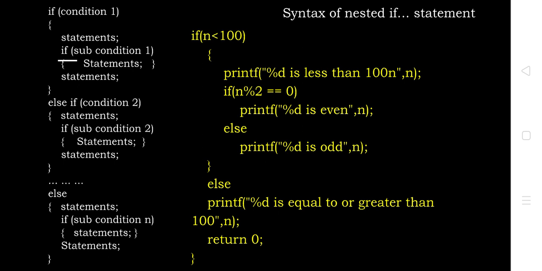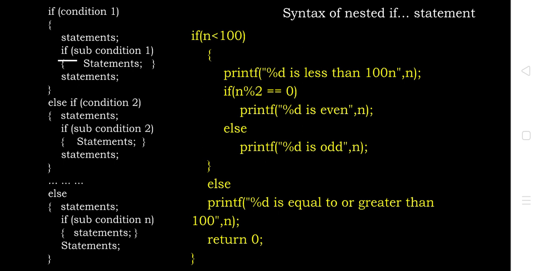So the main block of this if is closed. When you started with if n less than 0, that block is closed now. Then again it starts with else, printf that n is equal to or greater than 100. This is the third set of statements, for the else. There are several if and else if statements, it keeps going, and finally when the final state is reached, we have to give the statement as else.